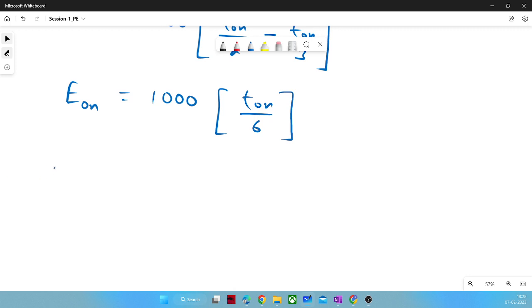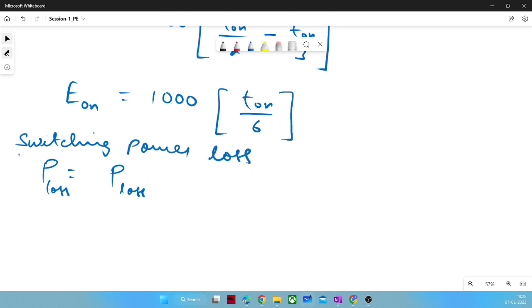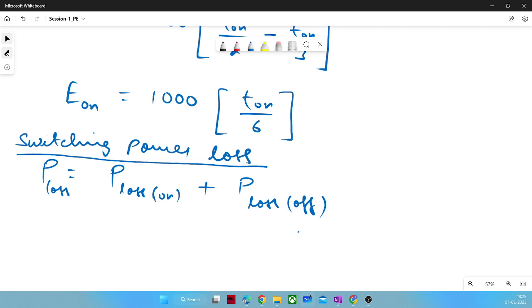And when you find the total energy during on and off, then you can easily find the power loss. This is the switching power loss.